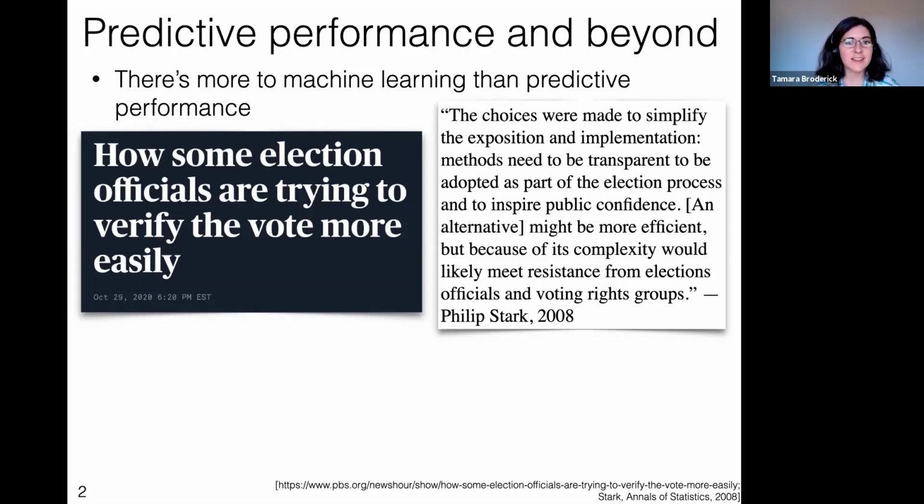And so I think this is a nice explanation of why we sometimes need methods that maybe don't reach the absolute peak of predictive performance or some other notion of goodness. Well, it might be that we just need to explain them to people. And I think it's not just that everybody's being silly and we should all accept neural nets as our new overlords. There are plenty of reasons that we should want these good explanations.